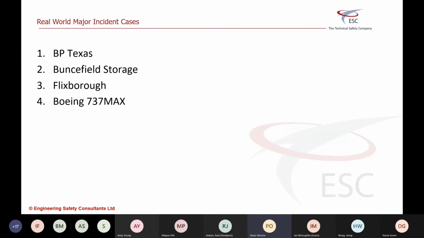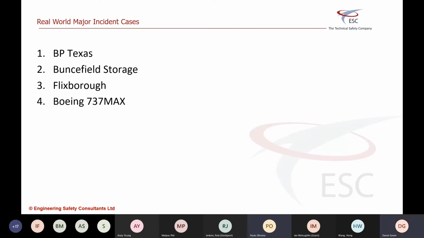Most of you guys hopefully have come across these next points, but I had a bit of a review of known real world incident cases, and I picked 4, trying to be as diverse with regards to the cases as possible to contextualize what we're going to talk about. I picked 4: BP Texas, the overfill scenario that ended up with an explosion and fatalities.